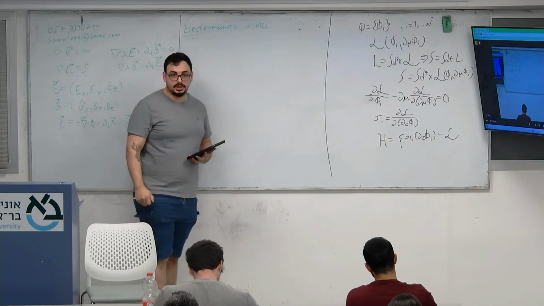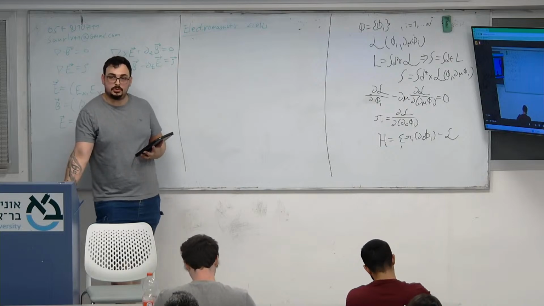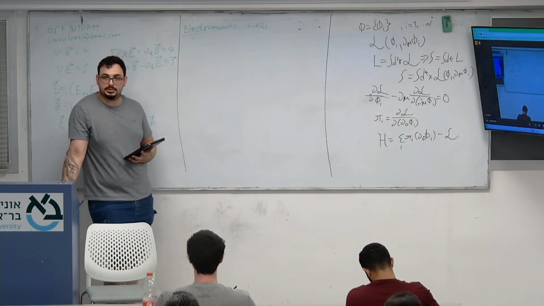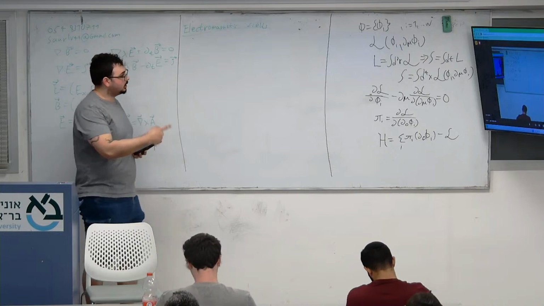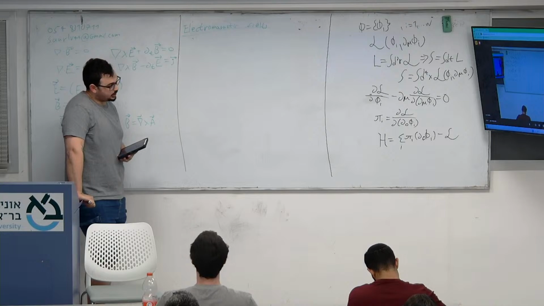Now I'm going to give you the Lagrangian of the electromagnetic field up to two constants, and we'll try to find those constants using the Euler-Lagrange equation and the Hamiltonian and energy.